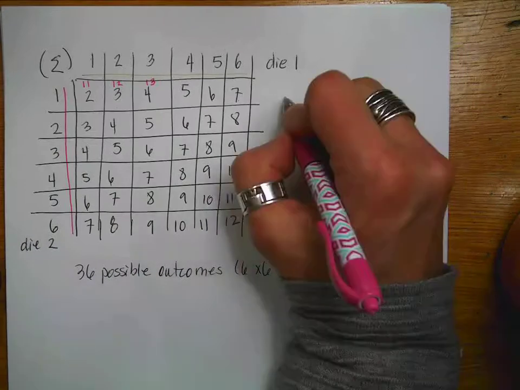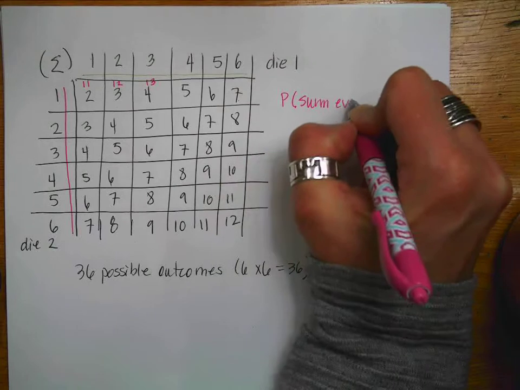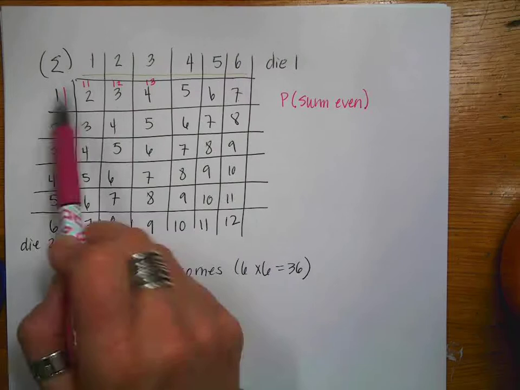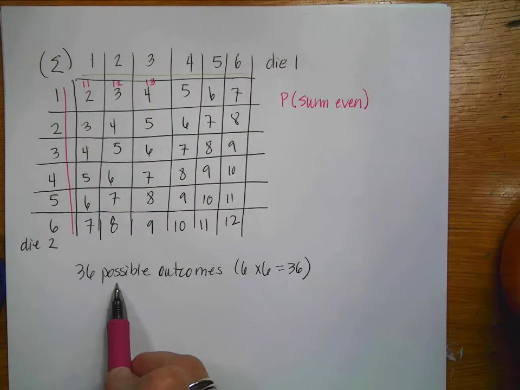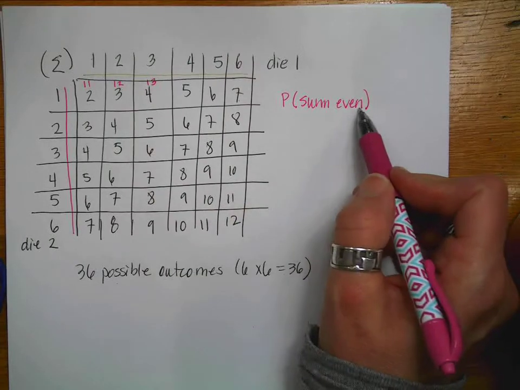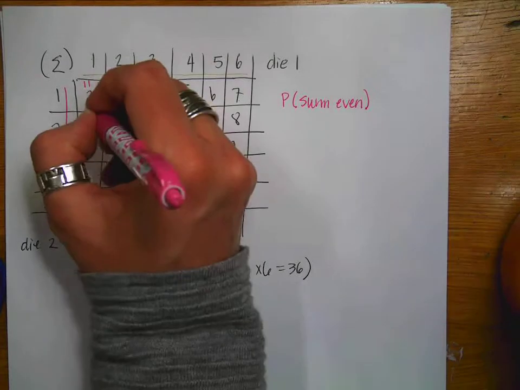So if I use my dice chart and I wanted to know the probability that the sum is even, okay? If you'll notice, this is a 6 by 6, so there are 36 possible outcomes. So if I look at my even numbers, remember even means that it's going to end in a multiple of 0 or 2.